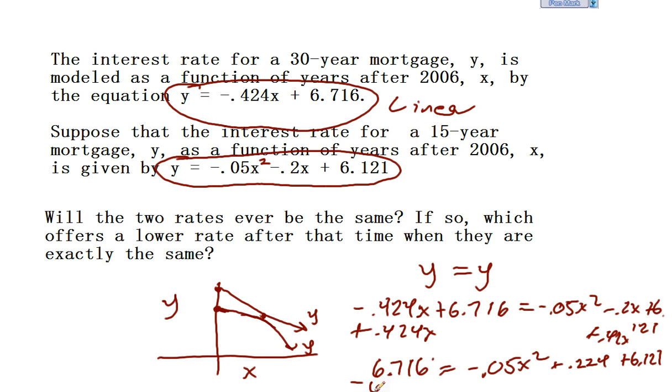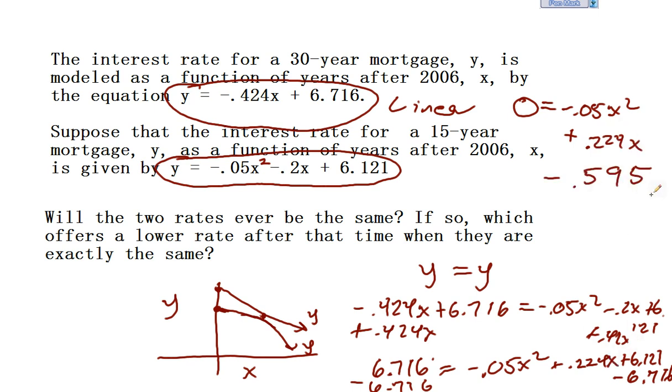Now I would subtract 6.716, and I would be left with negative 0.595. I'm going to write it up here. 0 equals negative 0.05x squared plus 0.224x, sorry, I forgot an x down here, minus 0.595.